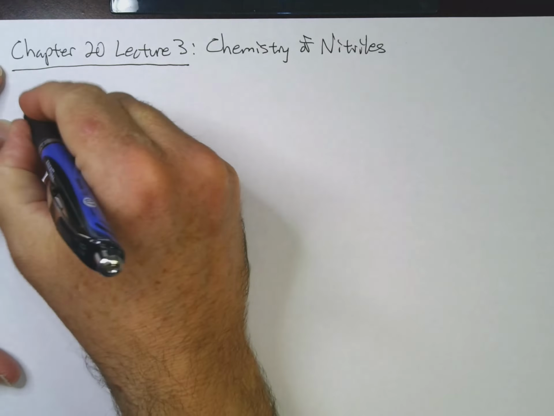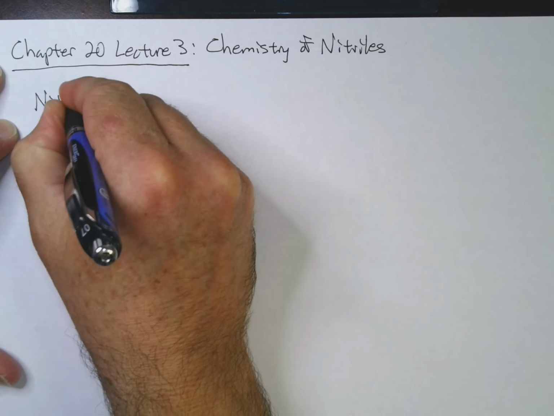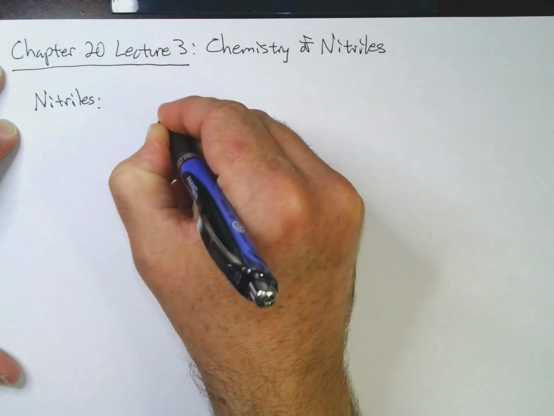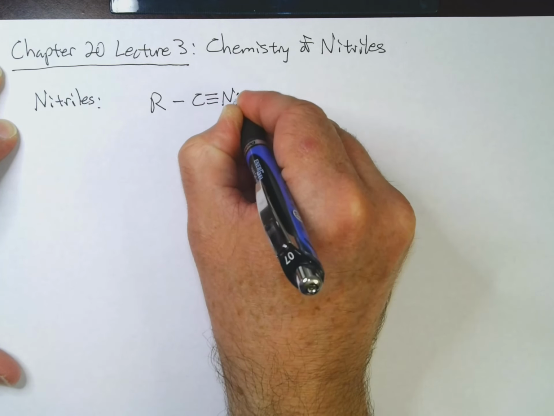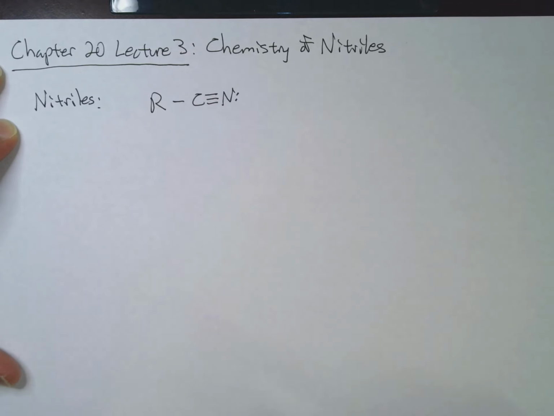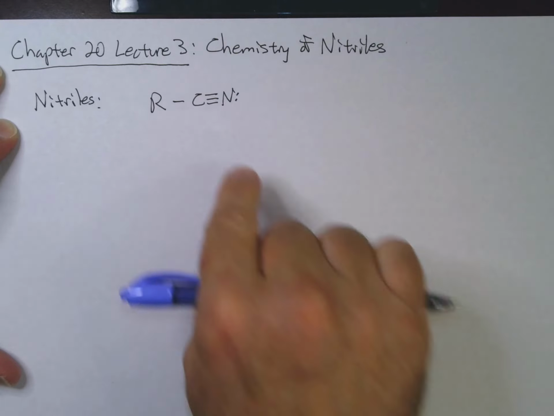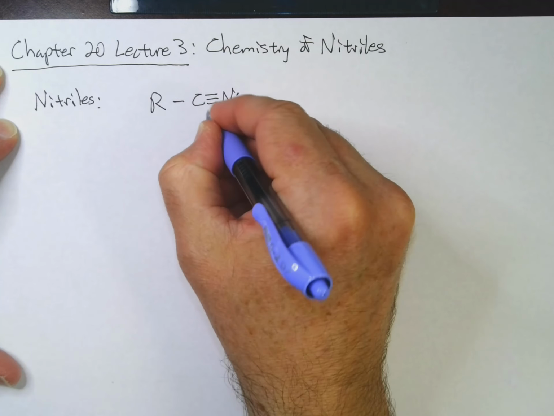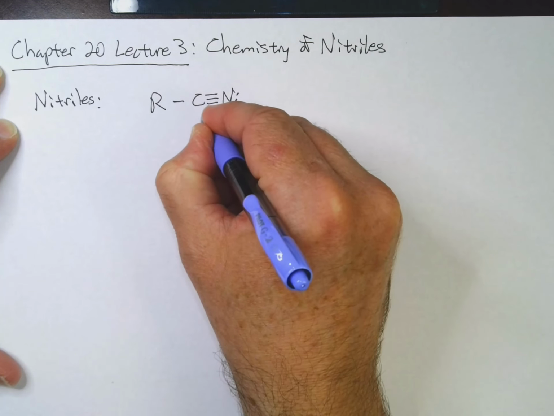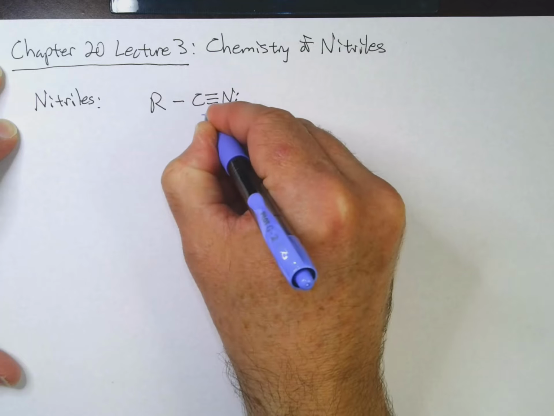First of all, what is a nitrile? Well, nitriles contain what is called the cyano group, which is a C triple bond N. I should note that this is a very polar bond.